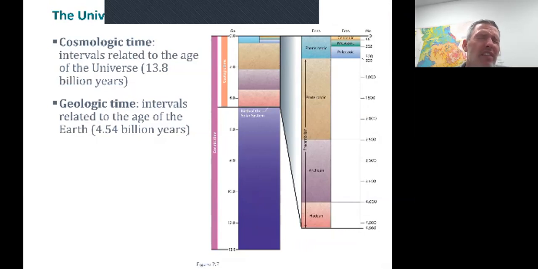Now, we use things like minutes and seconds and years, but we have realized through radiometric dating and other techniques that there are some times that are much, much longer. When we start looking at geologic time, we're looking at things from the dawn of the Earth, believed to be about 4.54 billion years old. And the universe is 13.8 billion years old.